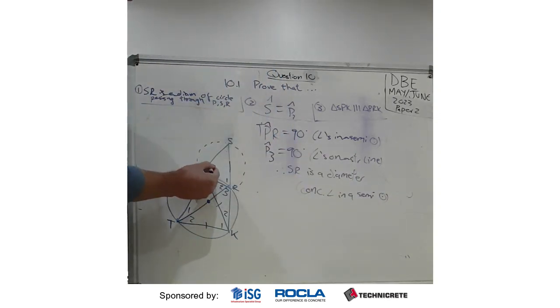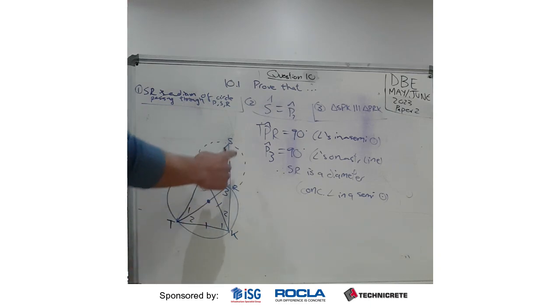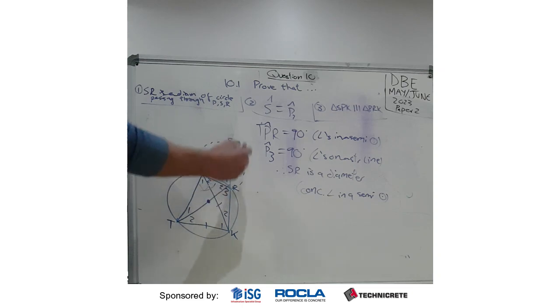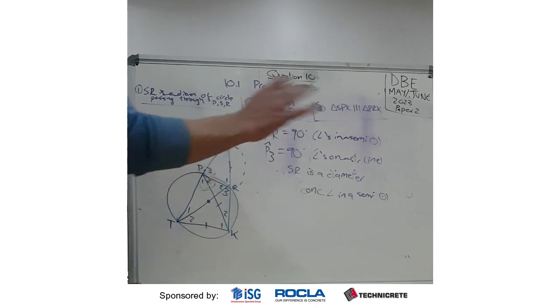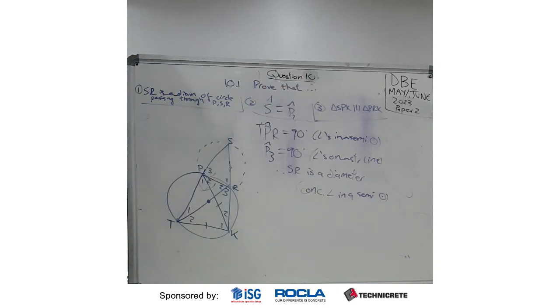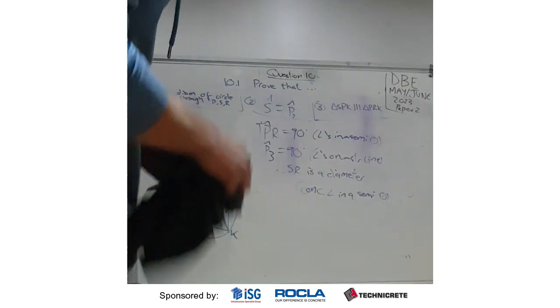It's because that is 90 and that is 90, and we're creating a semicircle here with that as a diameter. Hope you're seeing how that logic works. So that's 10.1.1.